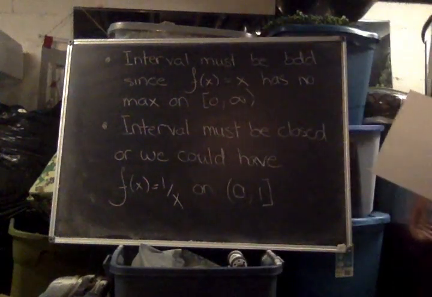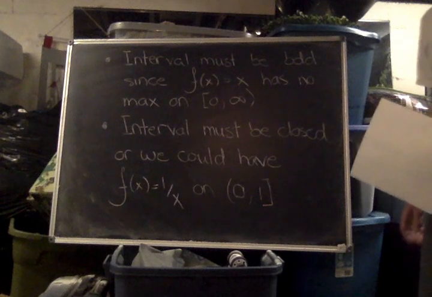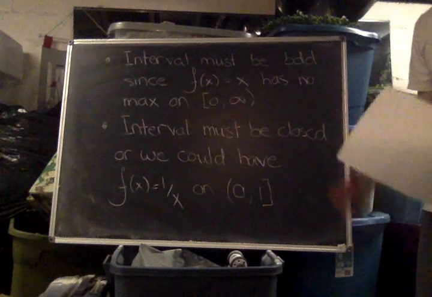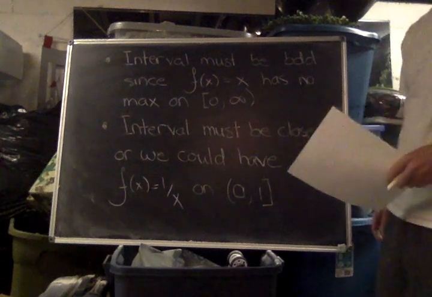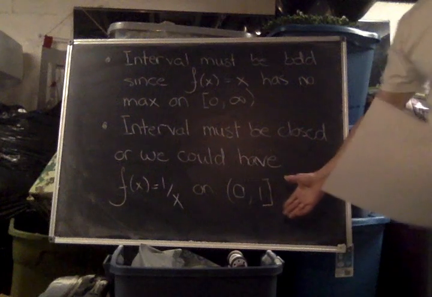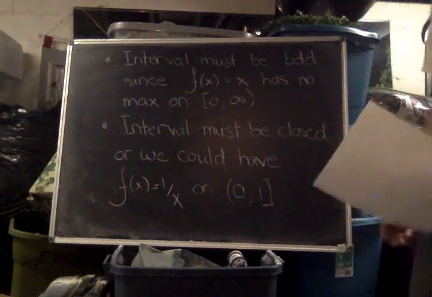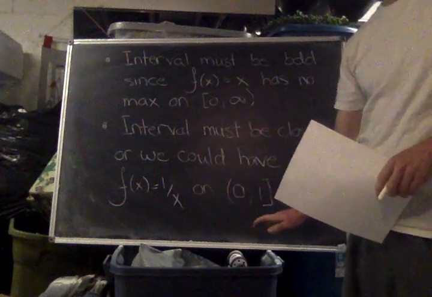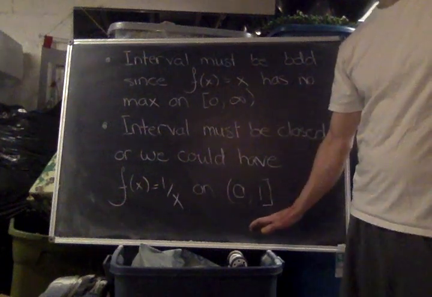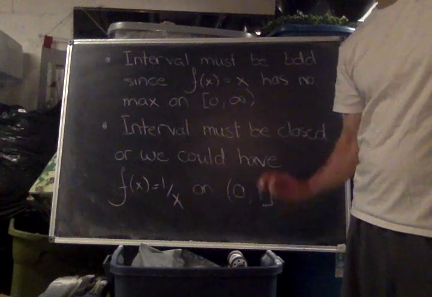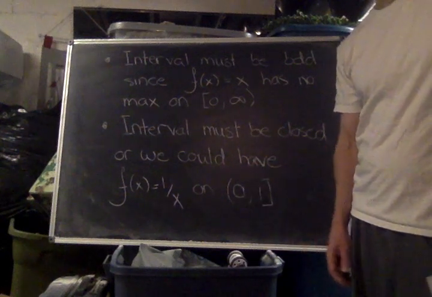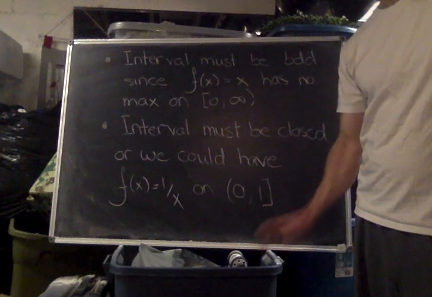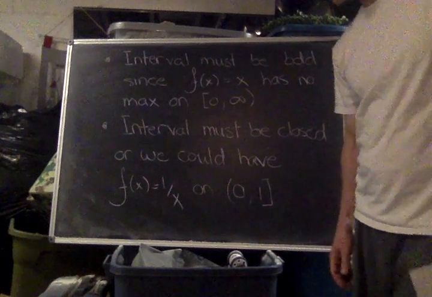Okay? And as we all well know, as x approaches 0 from the right in this case, the function f of x just gets arbitrarily large. It blows up, it goes to infinity, and so there's no maximum value for this function on this interval. Now here the interval is bounded, and the function is continuous. What fails is that the interval is not closed. Okay, so in each one of these three examples, I'm taking away only one of the three assumptions and demonstrating that no matter which one of the three you take away, you're going to run into trouble. Okay.